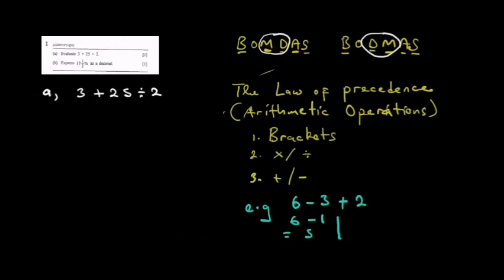When we start by subtracting, 6 minus 3, that is 3, plus 2, it becomes 5. To prove this point, that it does not matter whether you start by adding or by subtracting, or you start by subtracting, then you add. They are at the same level when it comes to the law of precedence.